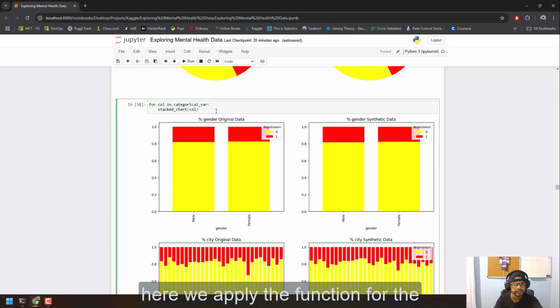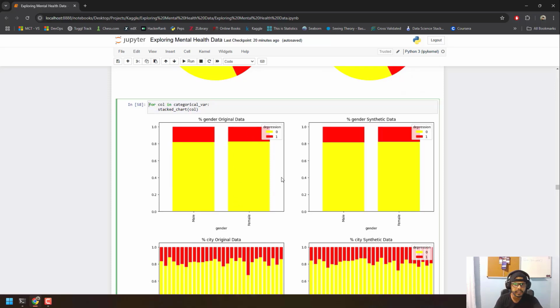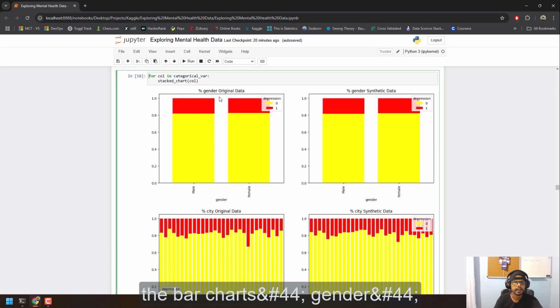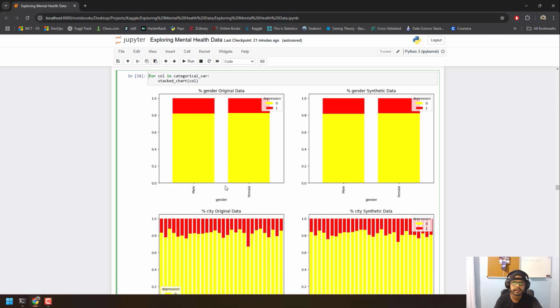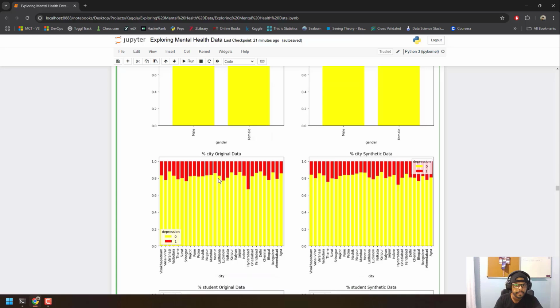So here we apply the function for the bar charts. Gender, original and synthetic data. There is no difference between genders. We'll see if these differences are statistically significant.